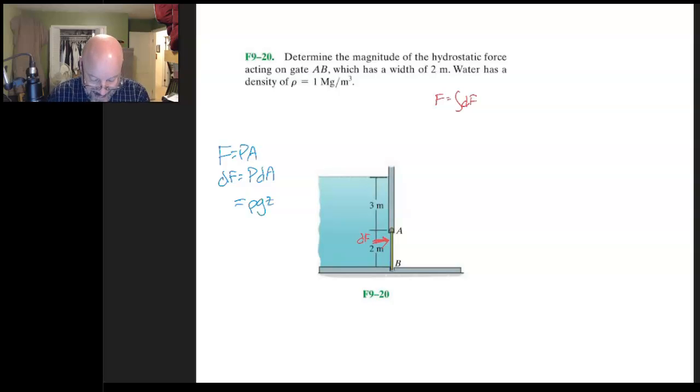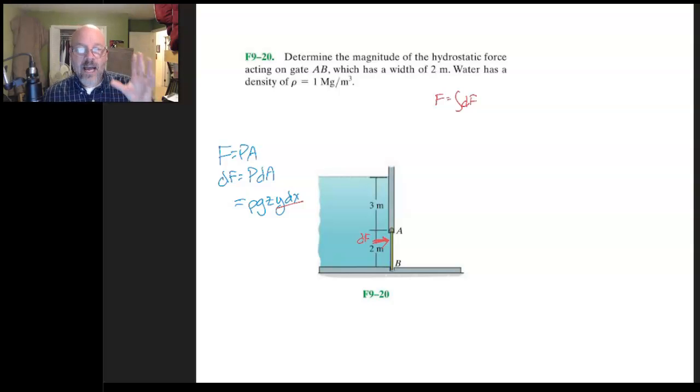My dA is going to be what I'm going to call y dz. That's my dA element. The dimension that goes into your screen this way, that's what I'm going to call y.